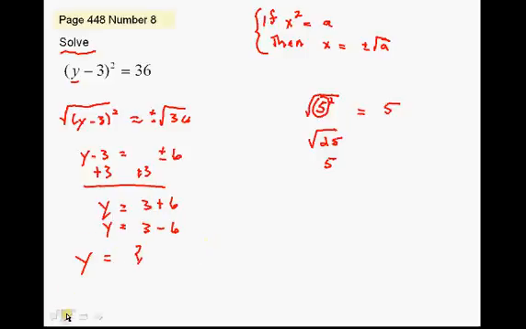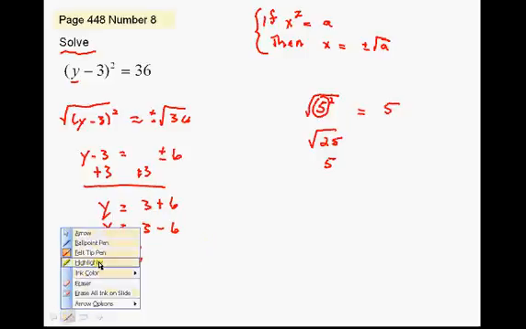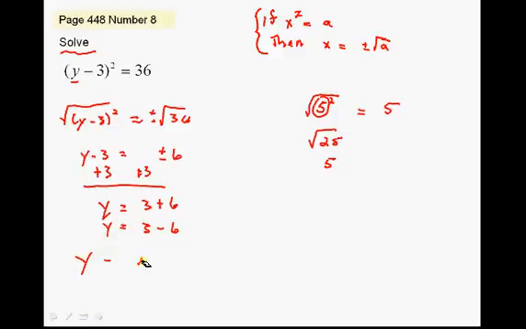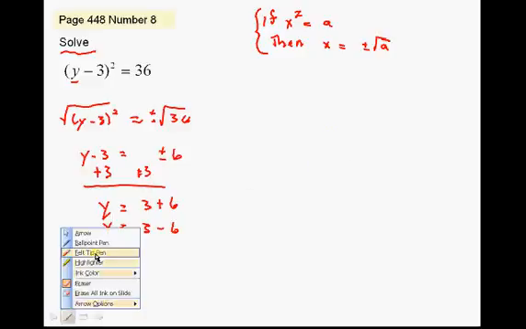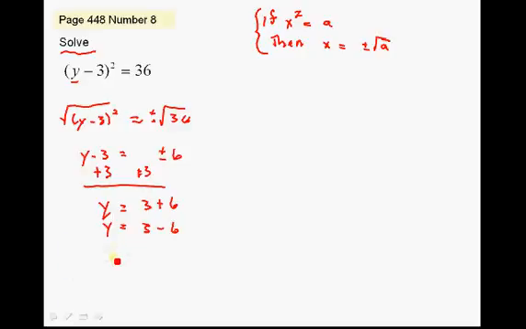Let's erase some of this here and free up the space. Then we're going to have y equals 9, and y equals 3 minus 6 is negative 3. The solution set is negative 3 and 9.